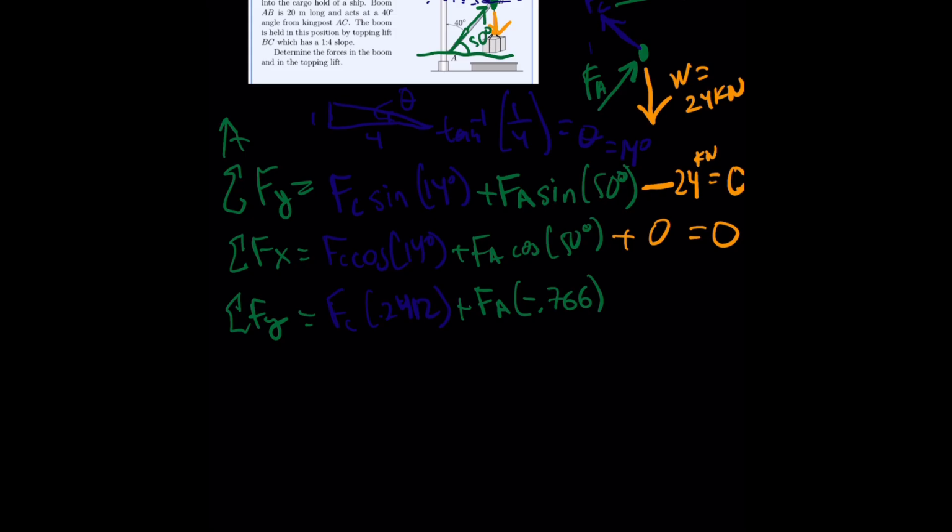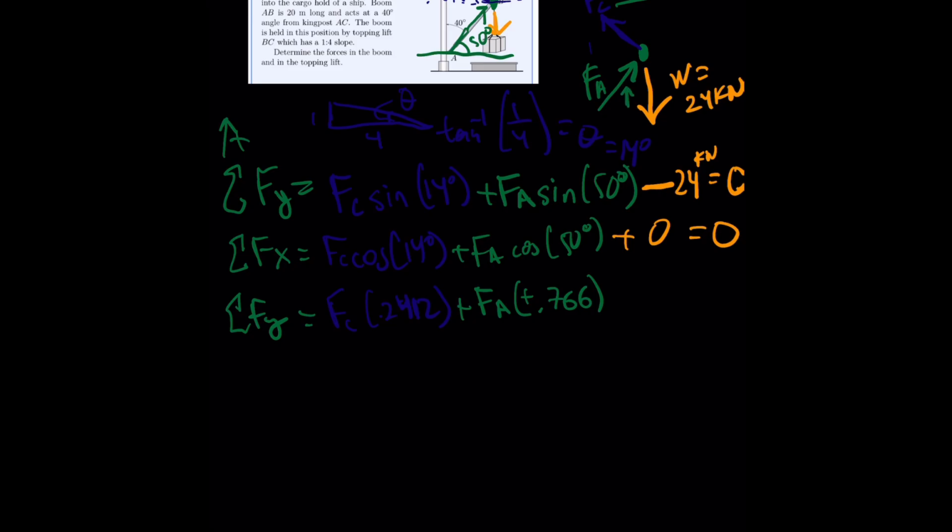I don't know why I put negative here. This is just a regular positive 0.766, because sine of 50 degrees is 0.766, times FA. It's going to give us the y component.